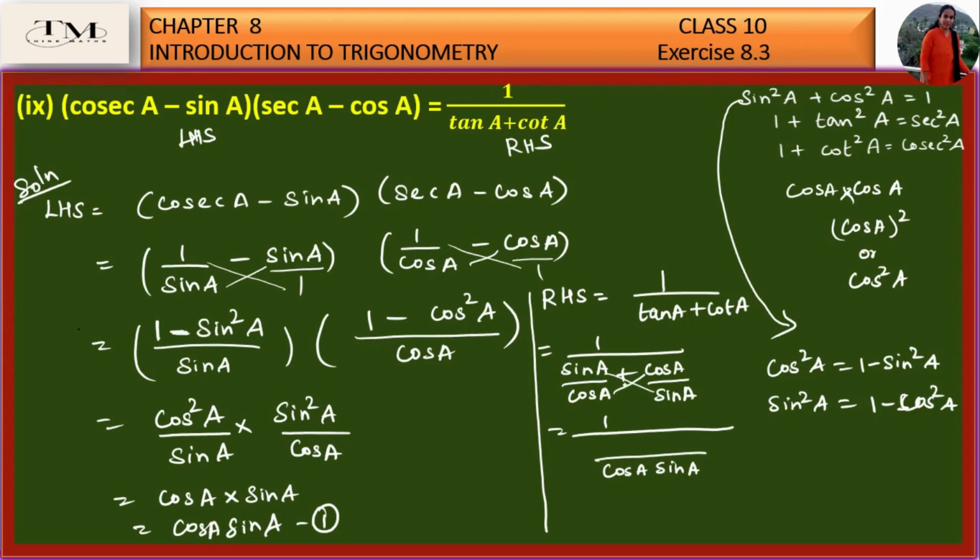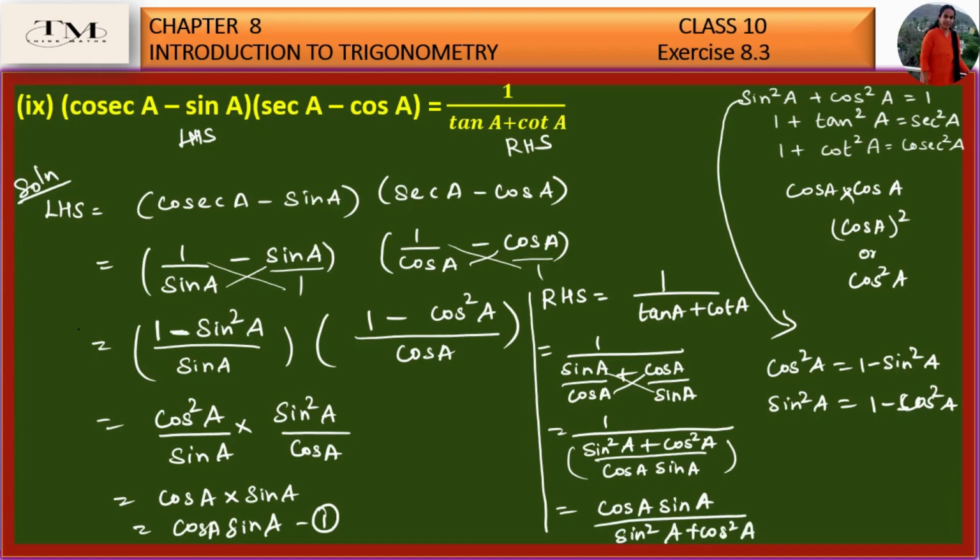Sine A into sine A is sine square A plus cos A into cos A is cos square A. So it is 1 by some division. If we take the bracket term to the numerator, it will invert. So it will be cos A sine A divided by sine square A plus cos square A.